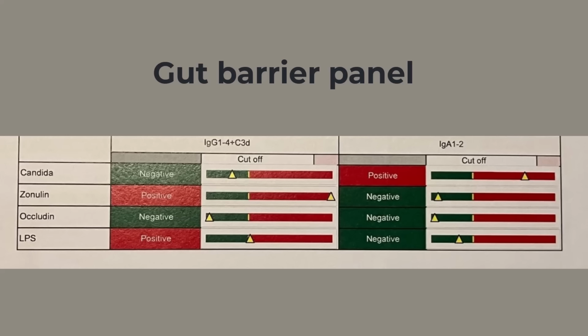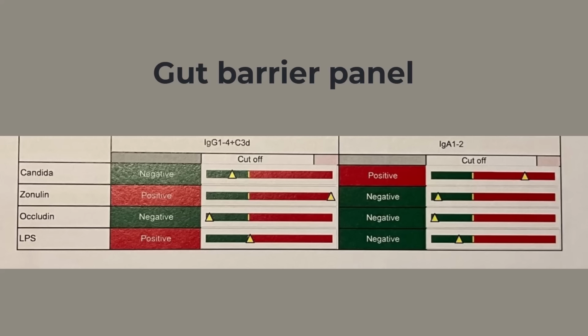You can see down the left here that there is candida, which is a common problem in the gut, zonulin, occludin, and LPS. You can see the first column is IgG 1 to 4 and C3D. So this lab have decided that by combining these two tests, C3 is an immune complex, part of our complement system, and IgG is our antibody system that we know reacts in delayed reactions, like food intolerances.